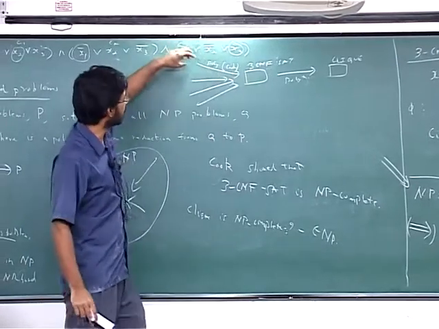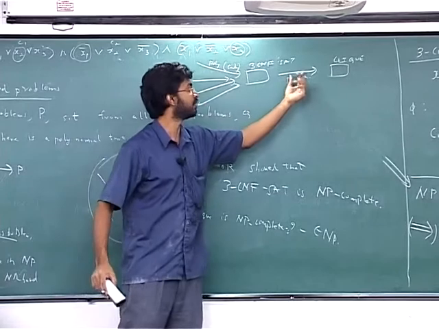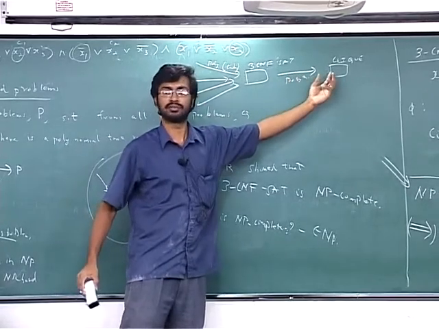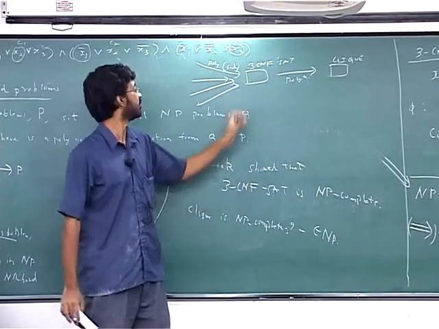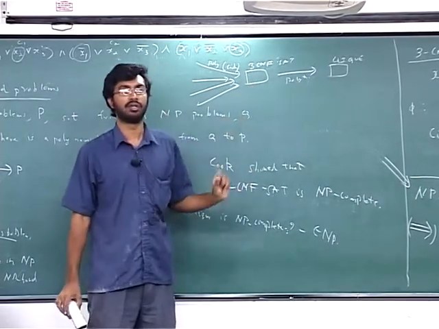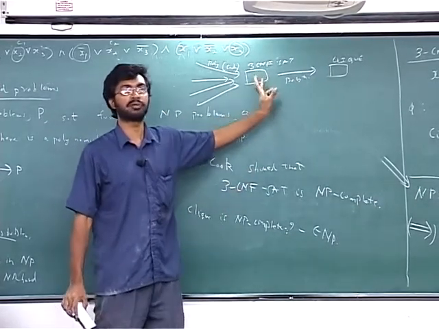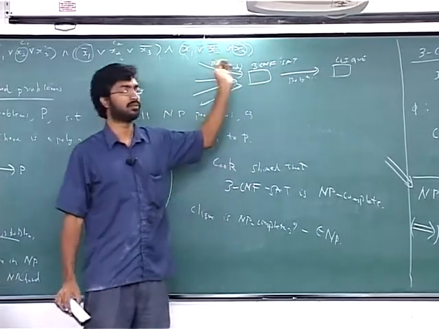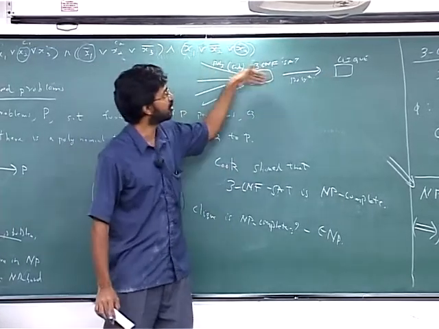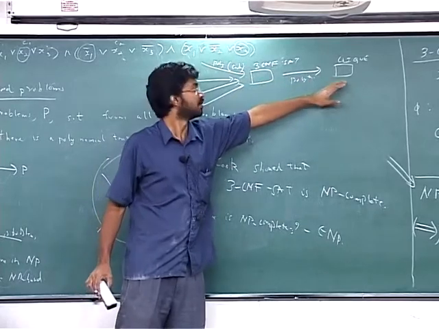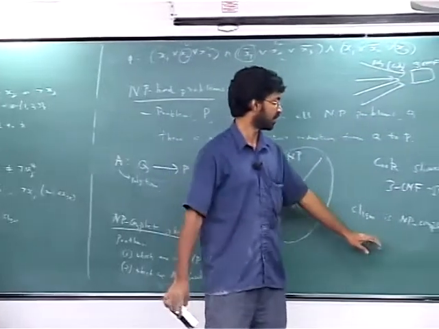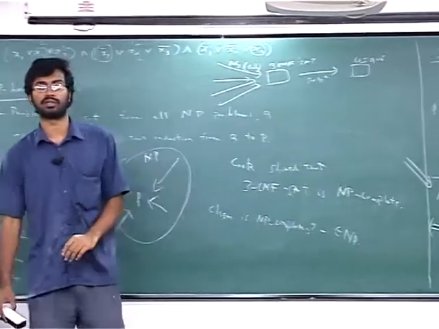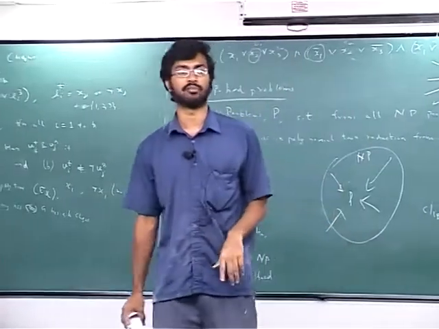What we can do is take this reduction and combine it with that reduction, and you get this. Because Cook showed this result, we just have to show it for one NP-complete problem. What we have basically shown is that there are reductions from all NP problems to the clique problem. So what we have really proved now is that clique is NP-complete.